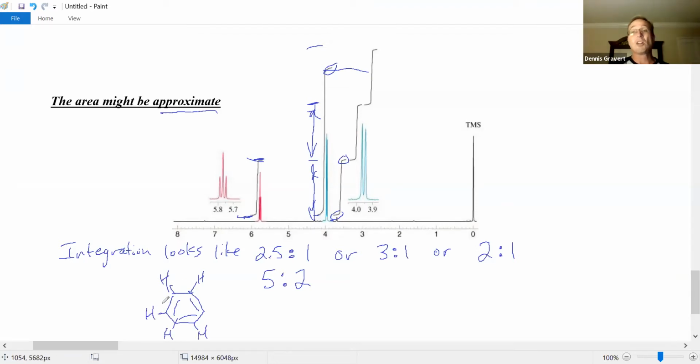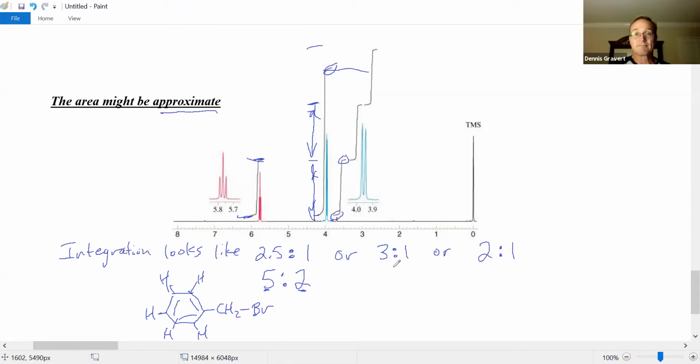So maybe they're all overlapping. So one single peak might add up to 5. And then there'll be 2 hydrogens on a different carbon. And then maybe there'll be bromine here or something. So this molecule actually does produce a ratio of 5 hydrogens in one peak, 2 hydrogens in the other peak.